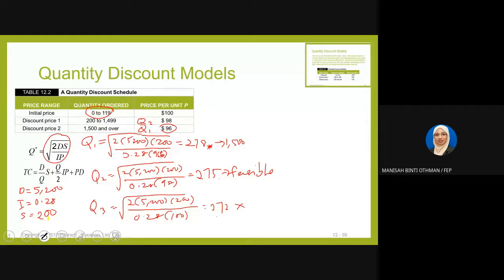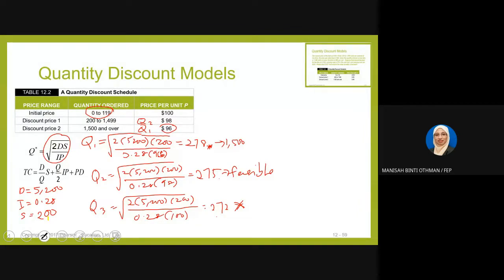You cannot buy with it for this range; you should buy more than 100. When you want to buy 272, automatically we get a price of 98. So it's not possible for you to buy 272 at the $100. So this is totally infeasible. You cannot use this, but the first one is lower, so you can increase the quantity to 1,500.